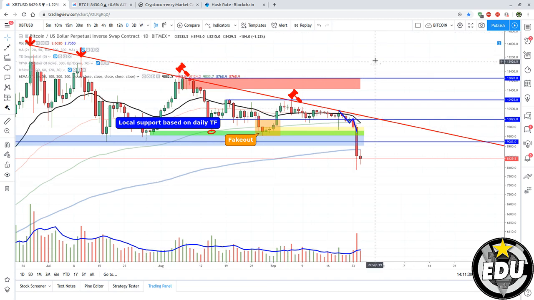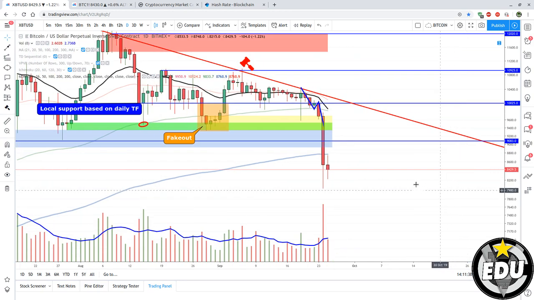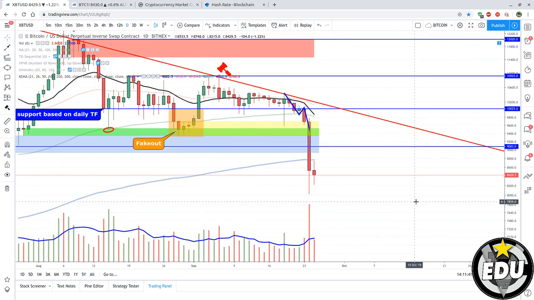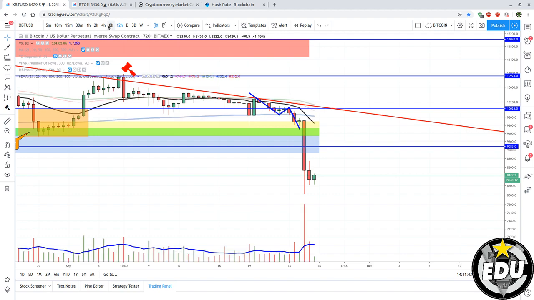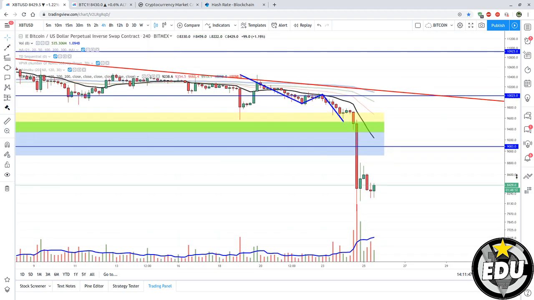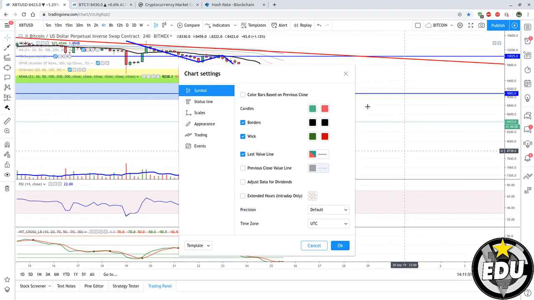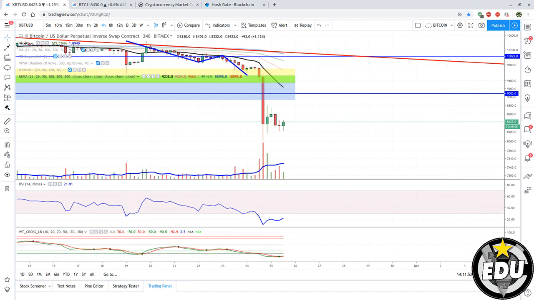Okay, it's time to go a little bit closer. This is XBT on BitMEX. Let's go on 4 hours straight. What do we got here?